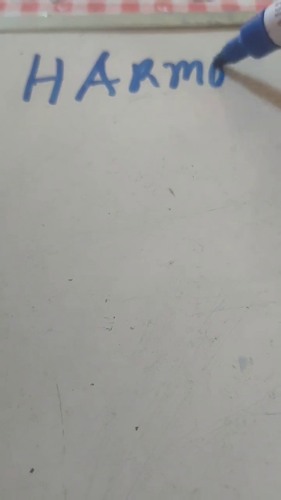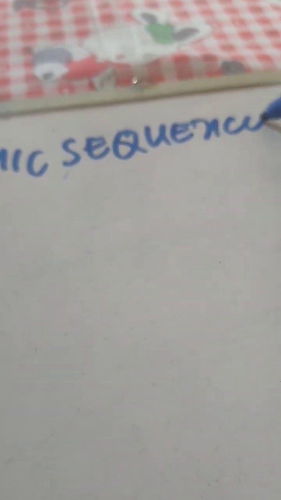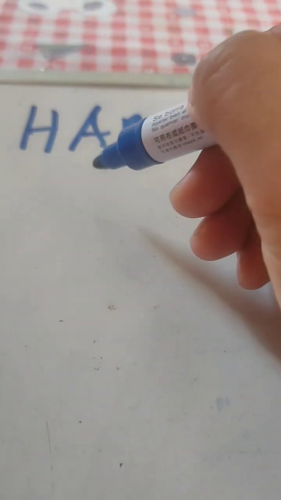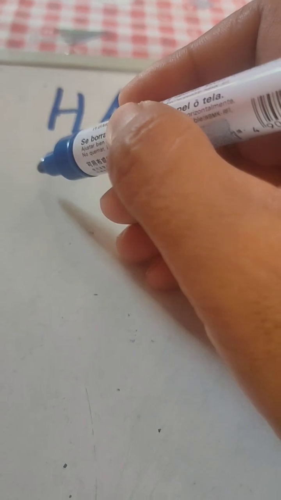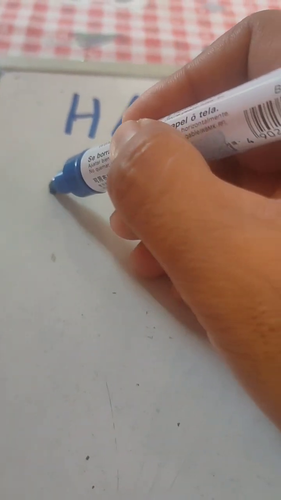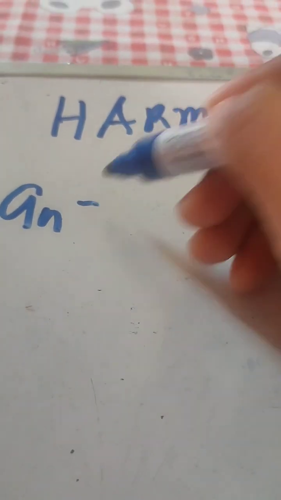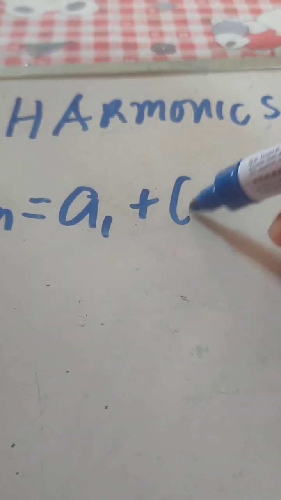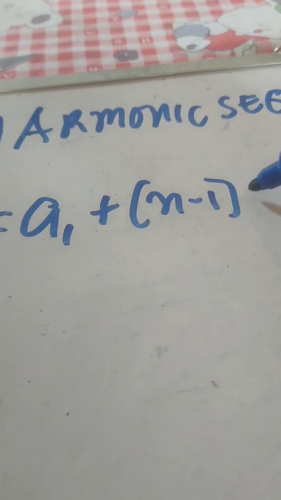That is on harmonic sequence. Okay, so in the harmonic sequence, we can use the arithmetic sequence formula, a sub n is equal to a sub 1 plus n minus 1 times d.